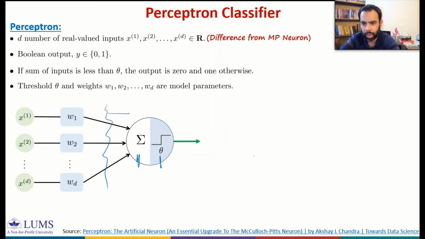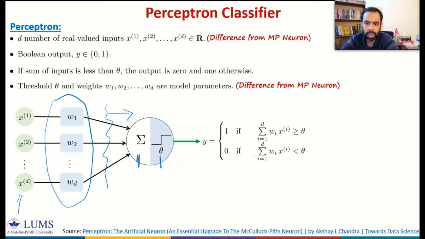On this side we have MP neuron. We have introduced these weights here, and we have allowed these inputs to be real valued. This is the only difference. So these are the two differences from MP neuron.